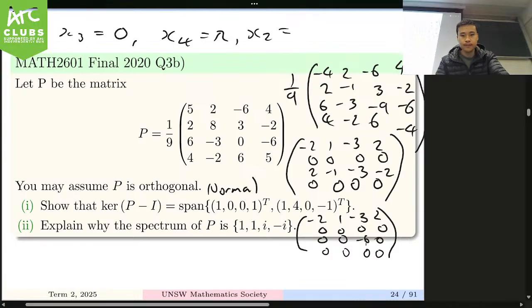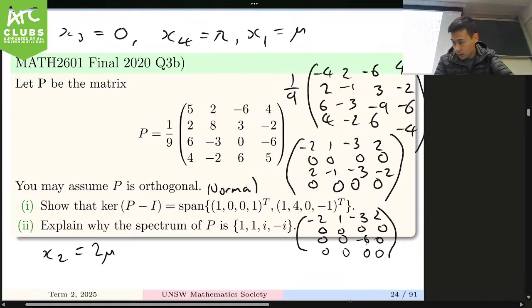Maybe let's say x1 is mu. Okay, so we just need to find x2. So x2 is equal to 2 mu plus 3, but that's nothing, minus 2 lambda. So writing it out, I think it's mu, 2 mu plus 2 lambda, 0, lambda.